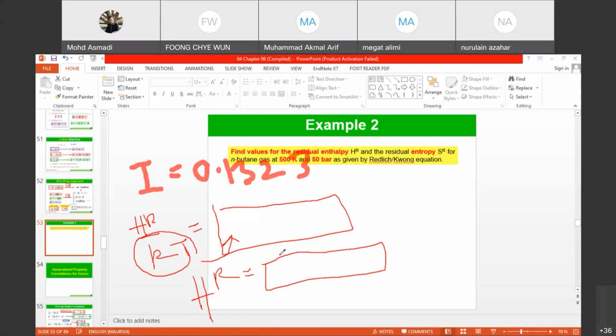D ln alpha TR divided by D ln TR is equal to negative half. Just substitute into the HR divided by RT equation, so you can get the answer, and just times with the RT. So you can get the HR value. You can do similarly also for the SR. Okay.